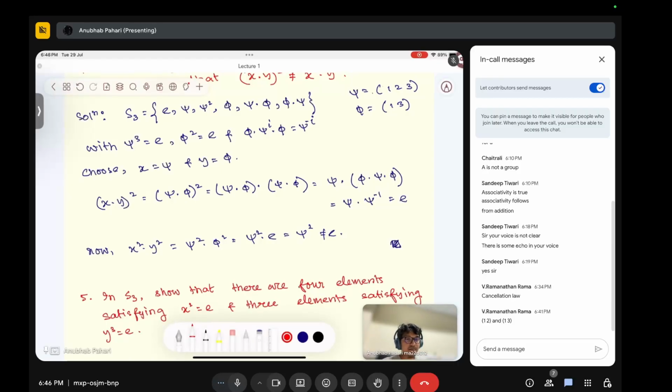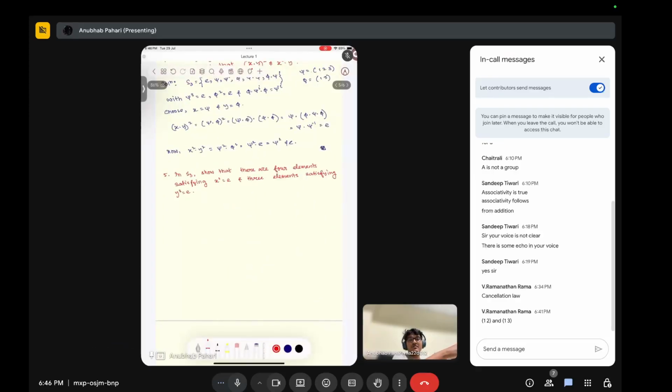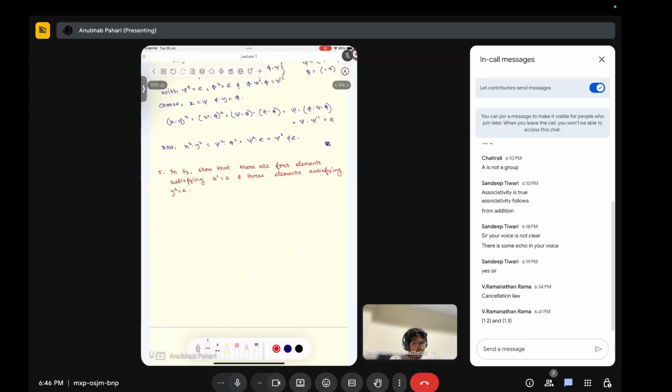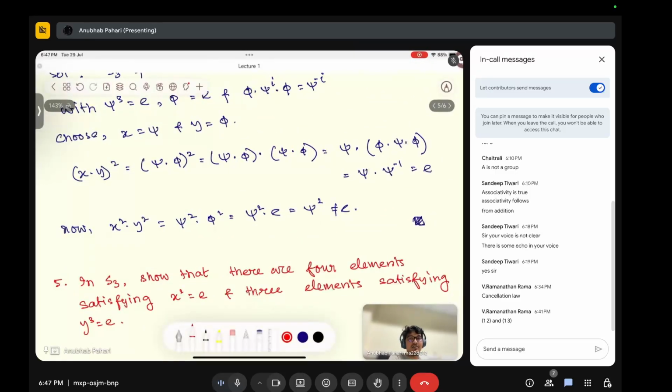Anyway, is this angle fine or this angle fine? I think this angle is better.